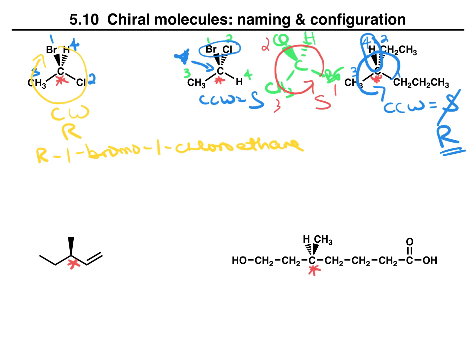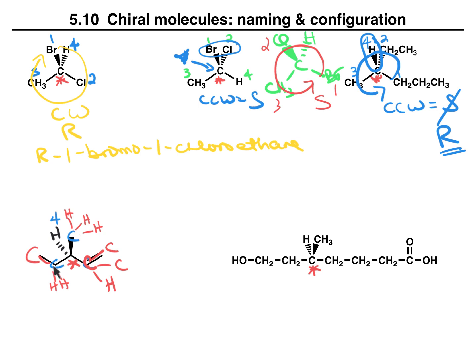Looking at the next compound over here, I'm going to fill in the hydrogen that is going back behind. And now let's think about priorities. So hydrogen has priority 4, and then we're comparing carbon, carbon, and carbon. So let's look at the next set of atoms. This is connected to hydrogen, hydrogen, hydrogen. This carbon is connected to hydrogen, hydrogen, and then this carbon. This carbon, because it's double bonded to a carbon, it's as if it's connected to a carbon and another carbon and a hydrogen.